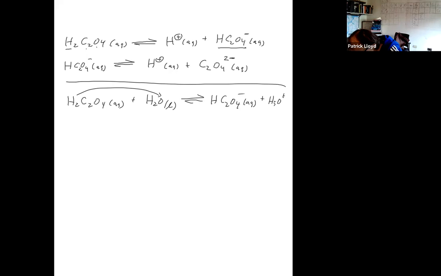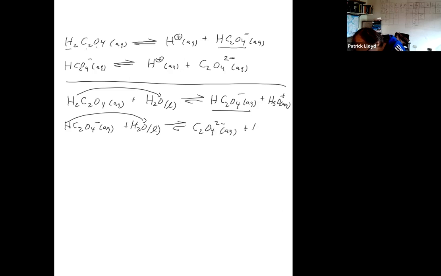So now you have an extra H plus, so it's hydronium, right? And then this again becomes the reactant. React it with another water. H plus goes over here, you get C2O4 2 minus, and hydronium.